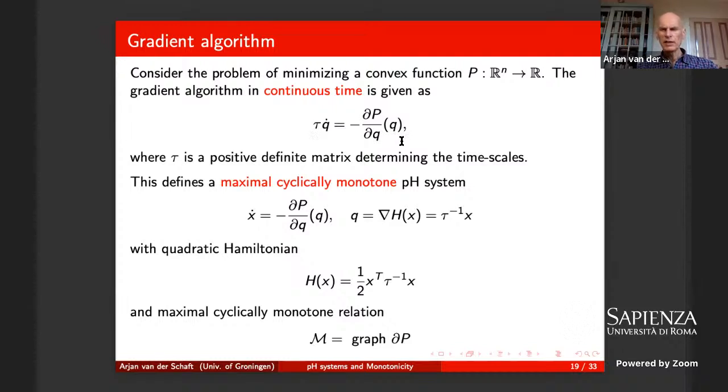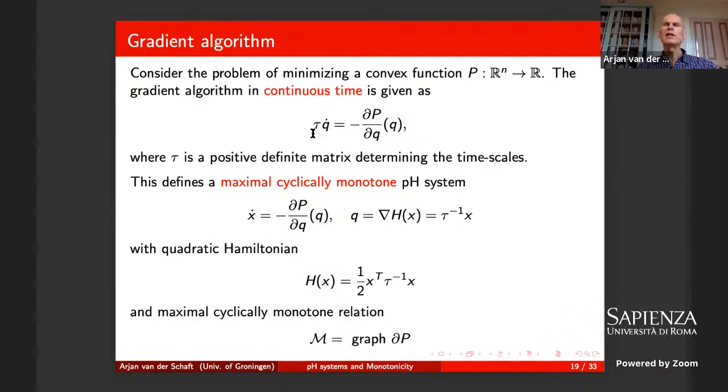And then we get a set of differential equations like this, where tau is a positive definite matrix, determining the time scales of the algorithm. This is a simple example of a maximal cyclically monotone Hamiltonian system.